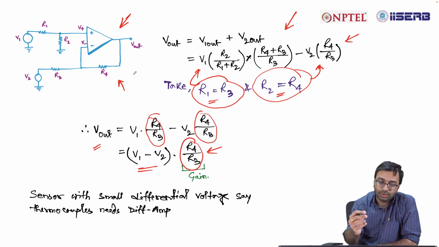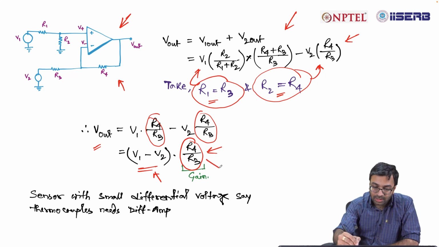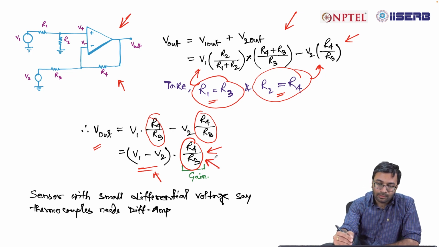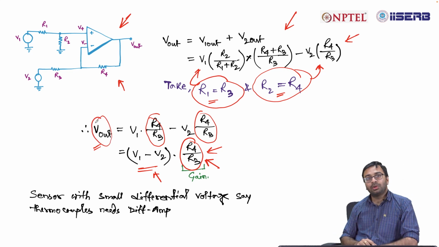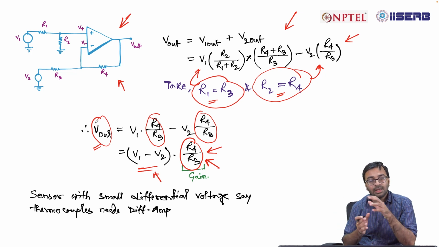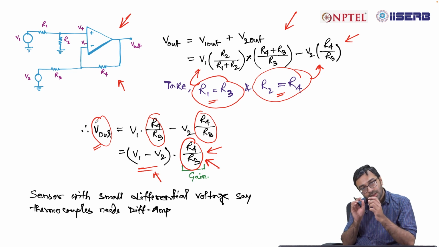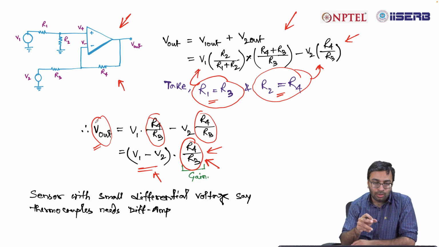If you get a very small differential voltage, that is a difference in voltage, you can adjust the gain so that you get the desired output that you may use in the next stage of your circuit. So this is a differential amplifier, and this type of amplifier is usually used for sensors that produce differential input. This is very important as far as sensor systems are concerned.